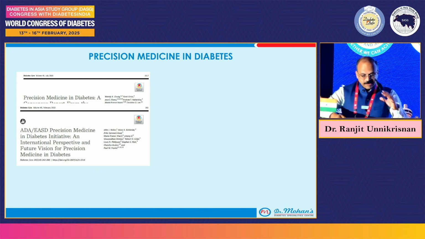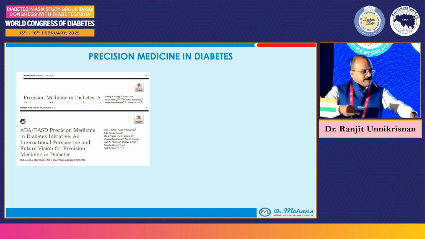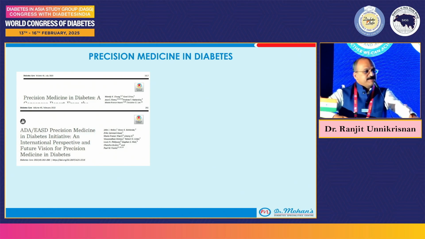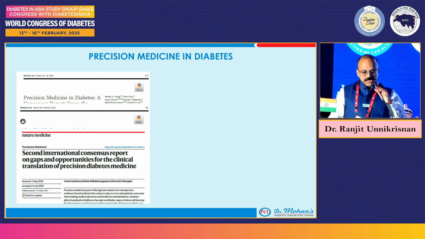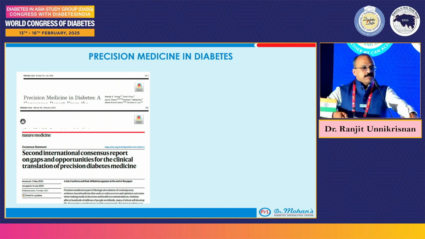And it's a matter of pride to us that Professor Mohan was part of this group as a representative of India. And just a couple of years ago, Nature Medicine published the second consensus report on precision medicine, which concentrates on the gaps and opportunities when applying the precision approach to management of diabetes.